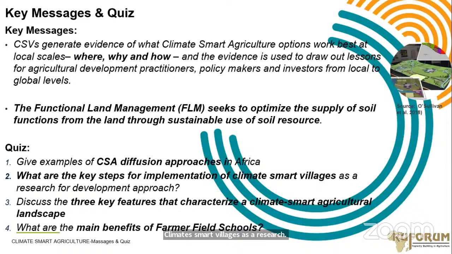And this is one approach that has been favored in the recent past and seems to be working quite well from what we can see from the West Africa case study.